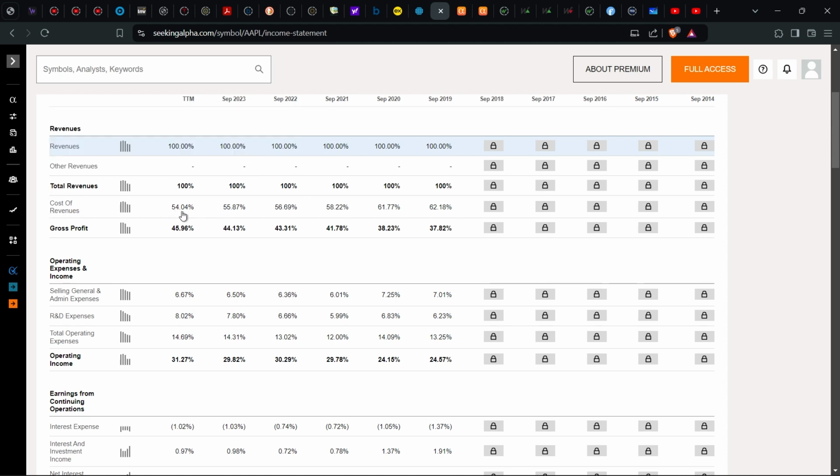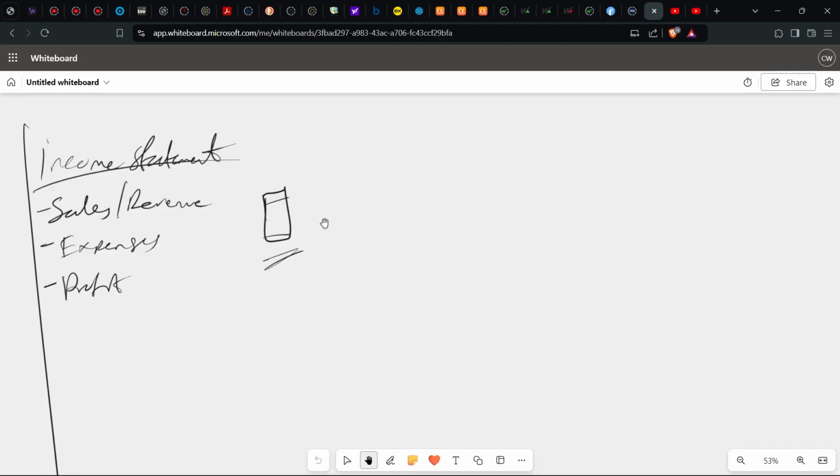Okay, so now this number is a percentage of the revenue, meaning for every $100 the company made as sales, $54 of that was the cost of the revenue. Okay, so let's keep this simple. Let's say this is a phone, this is an iPhone that Apple has made, for example. This is just a product, or rather the average products that they have sold.